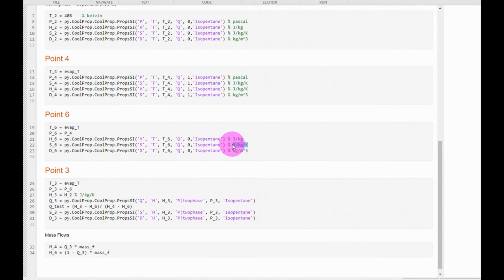And for our entropy here, I copy this and I paste it here. For the density, I'll copy this and paste it here. For the pressure, we have Pascal again. And for our temperature, we have Kelvin.